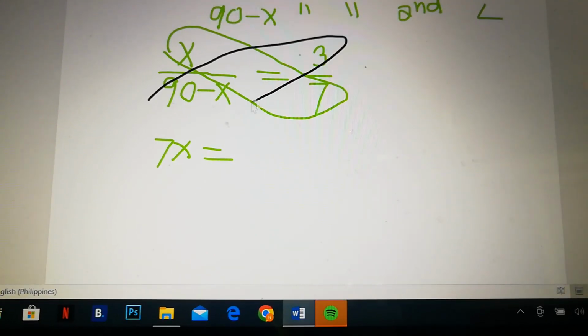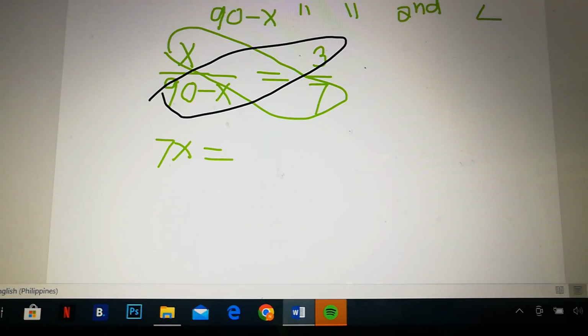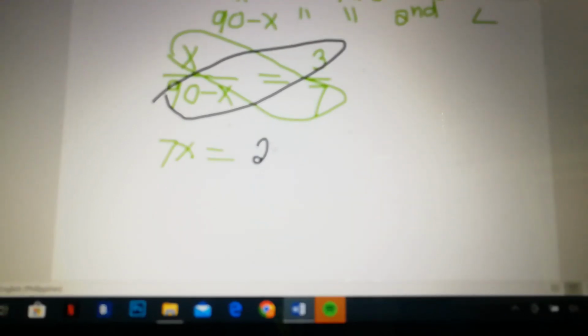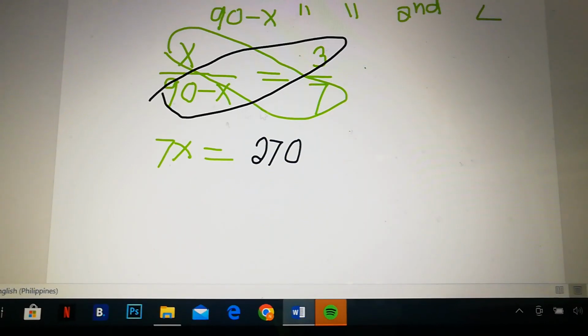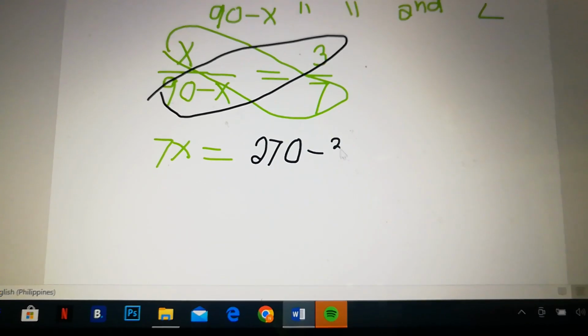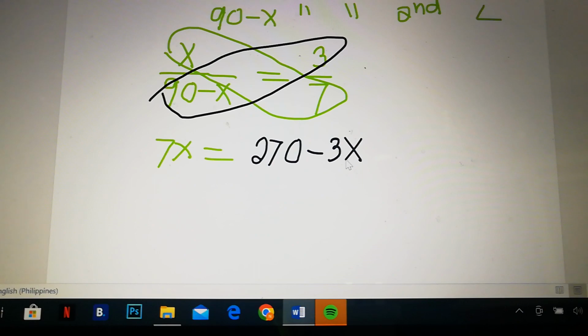This one, 3 times 90, 270, then 3 times negative x, that is negative 3x. Transpose the negative 3x to the left side, that is 7x plus 3x, which becomes positive 3x equal to 270.